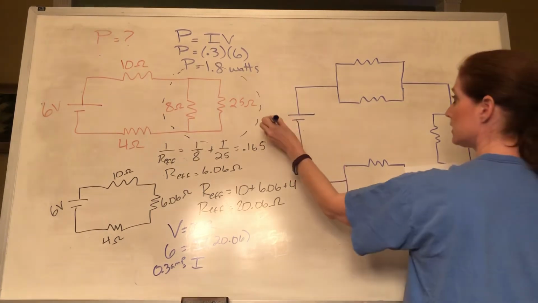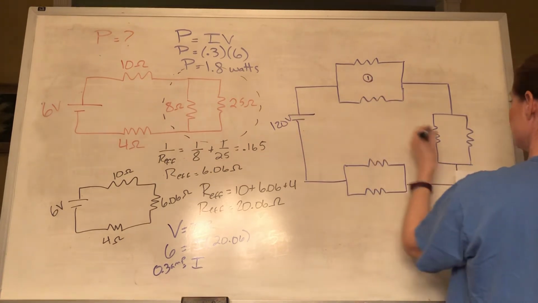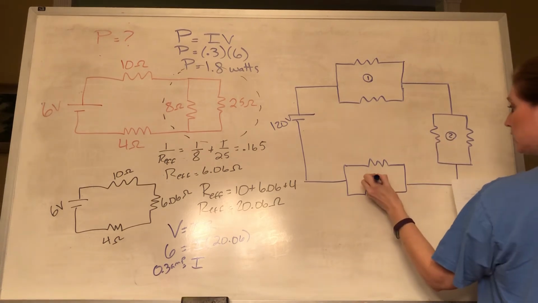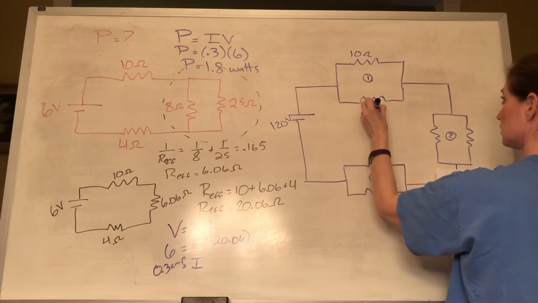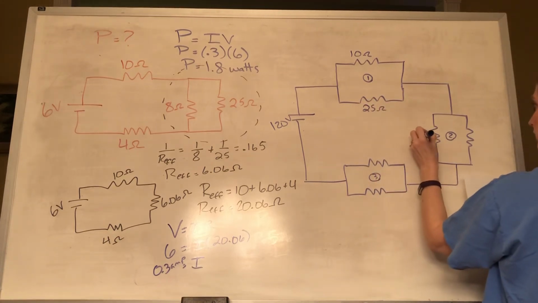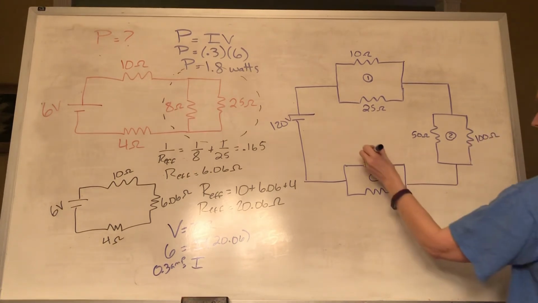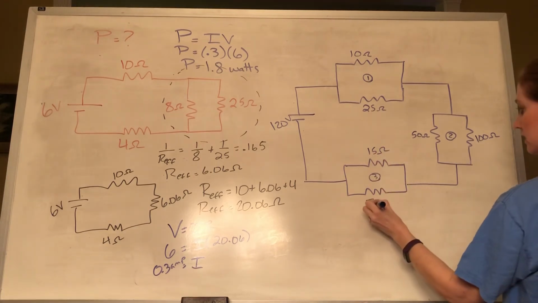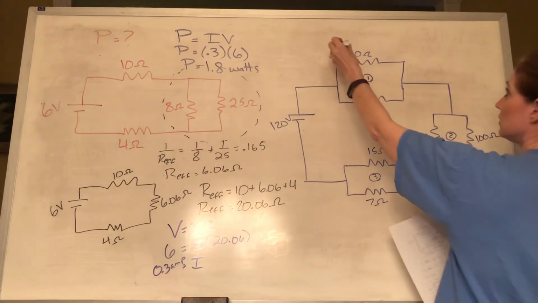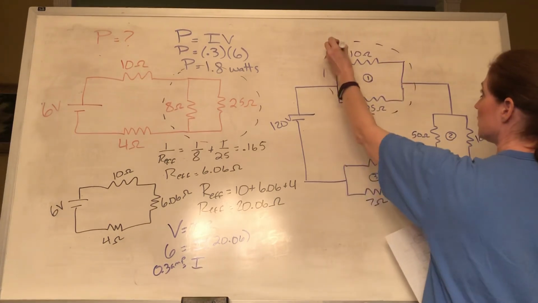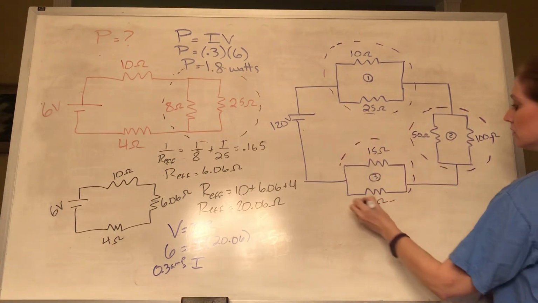All right, I have 120 volts there. I'm just gonna call each number, each grouping here. We've got 10 ohms, 25 ohms, 50, this one's 100, 15, and 7. All right, so what we want to do is figure out our R effective for each of these little parallel clusters here.